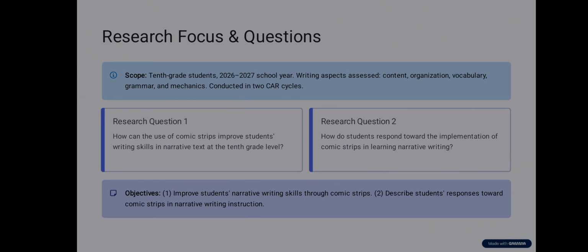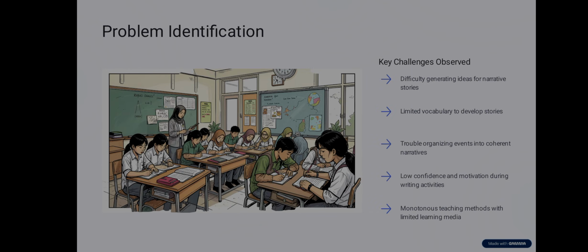First, they can stimulate students' imagination and help them generate ideas. Second, they can assist students in organizing events into a coherent narrative structure. Third, they can increase students' motivation because learning becomes more enjoyable and interactive.